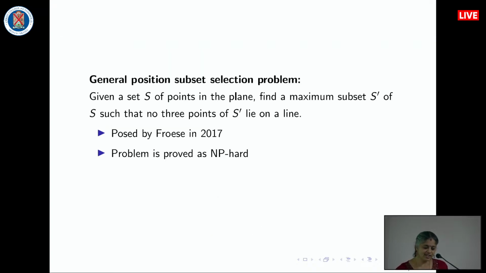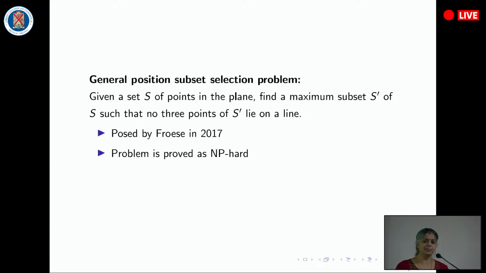Exactly 100 years after this no-3-in-line problem, a generalized version was posed in 2017 due to Froese. In the original problem, we were considering a grid and trying to place points at the corners of that grid. Why a grid?